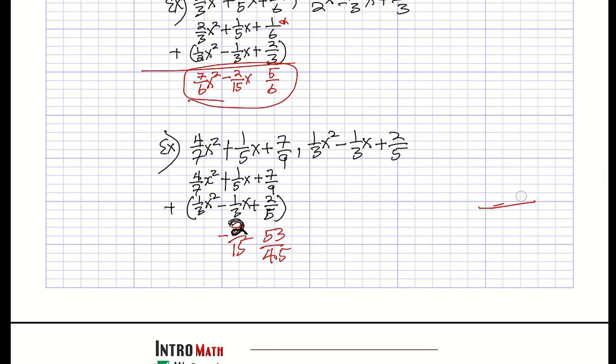Okay, sorry about that. Let's do the other one. It is 4 over 7. No, I gotta use red. Let's be consistent. 4 over 7, okay? Plus 1 over 3.